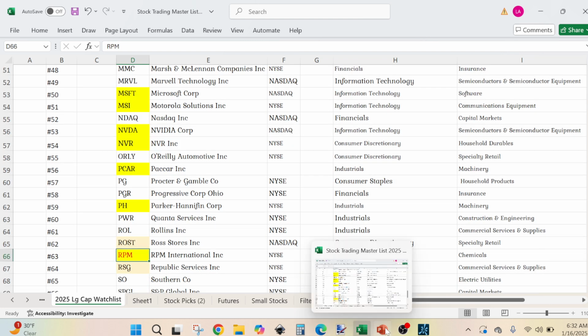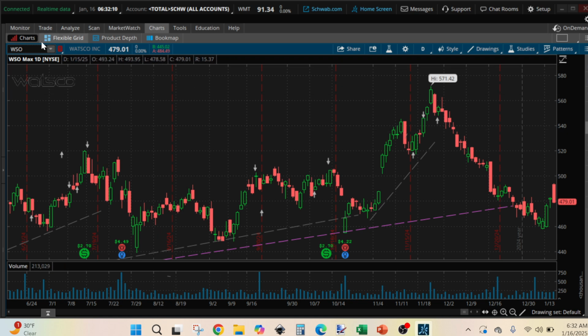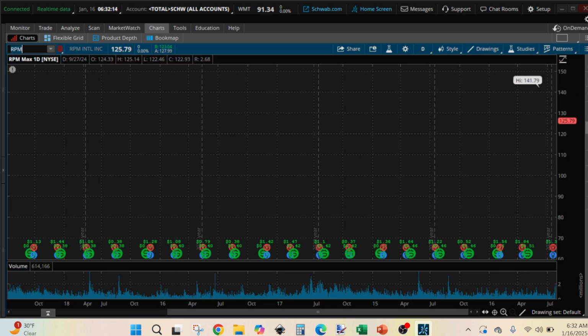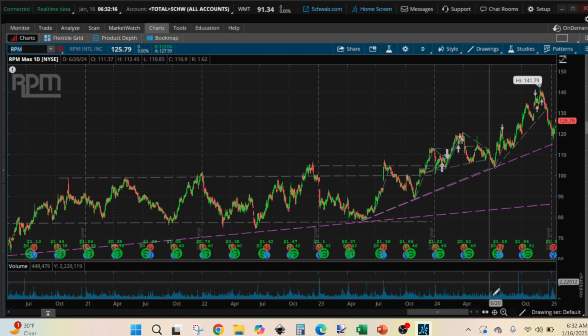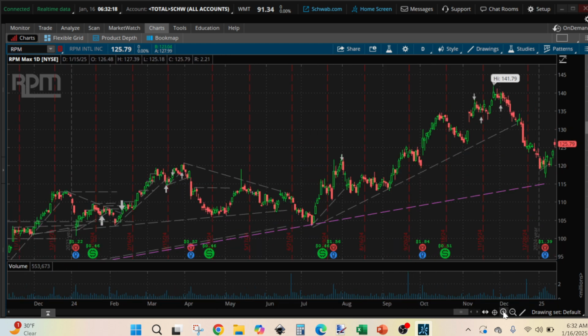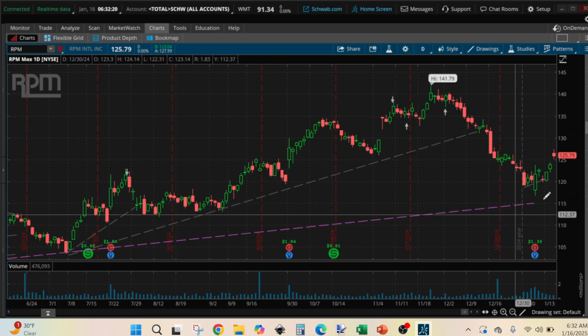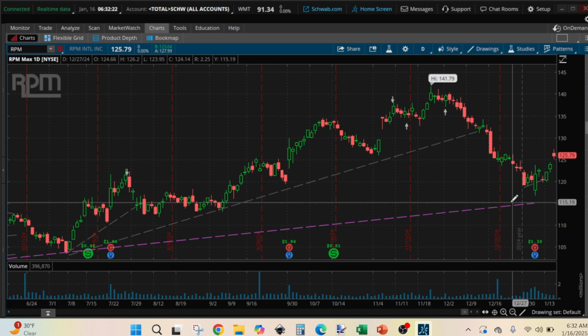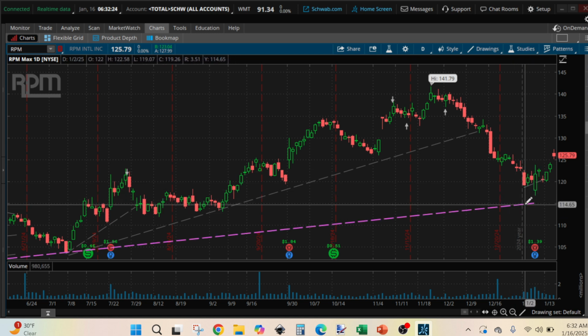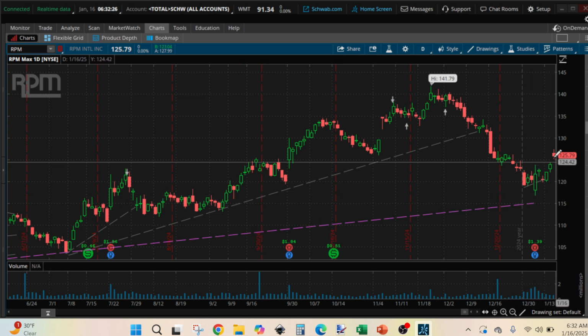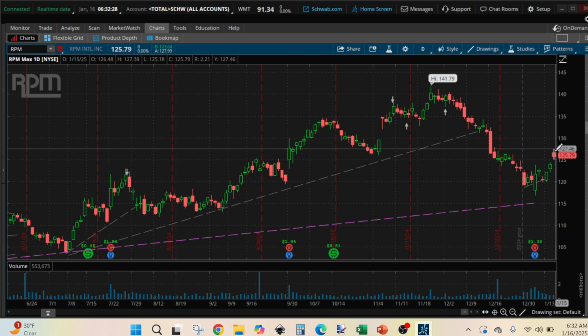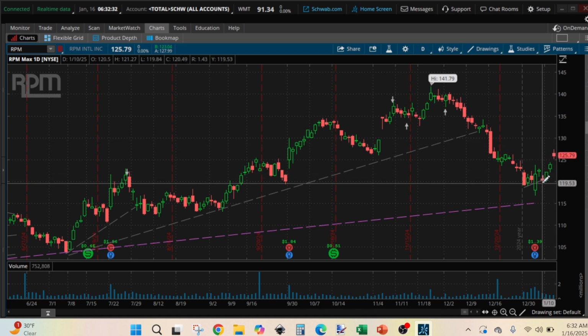RPM. We are not going to buy it because it is already highlighted on our portfolio, meaning we already purchased it in the past. But we can still say that it is at this low uptrend line, and if we have a green bar today, this price pullback is higher than this one.